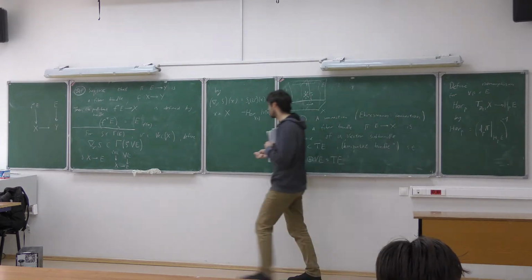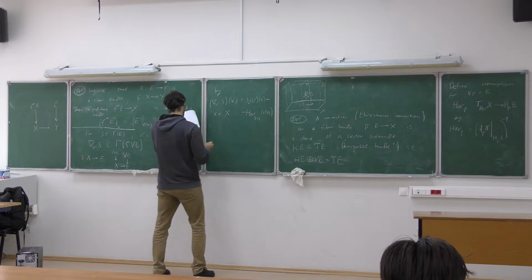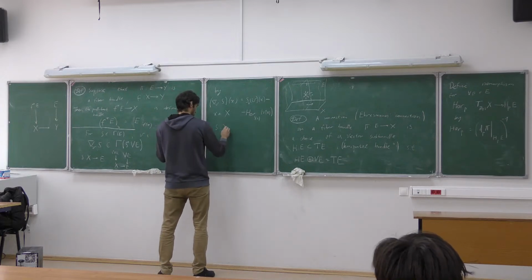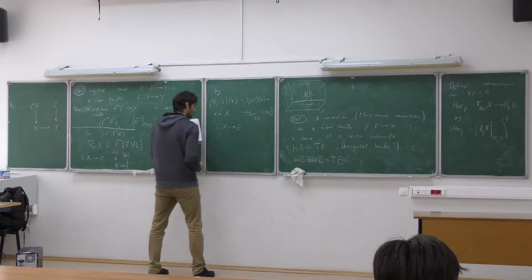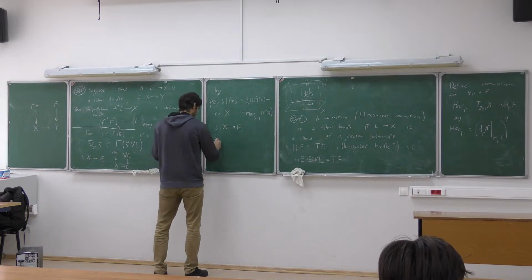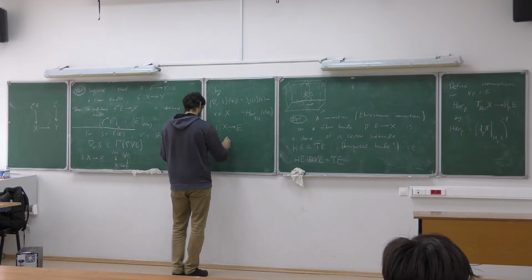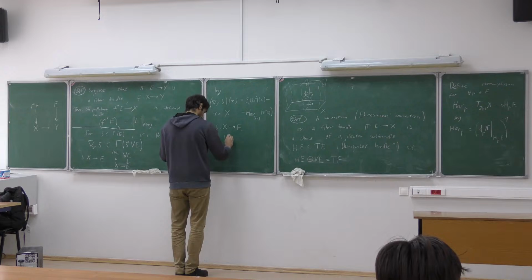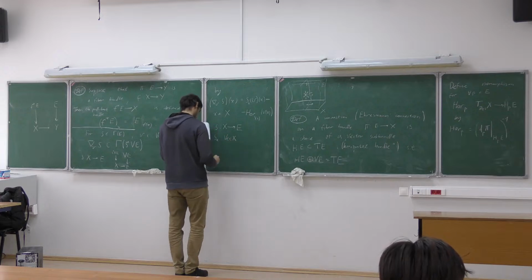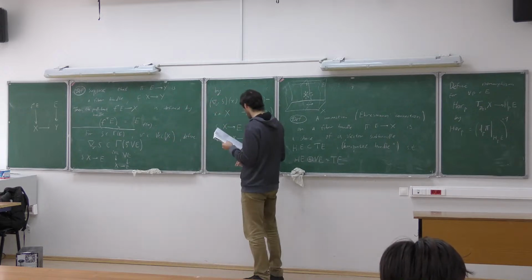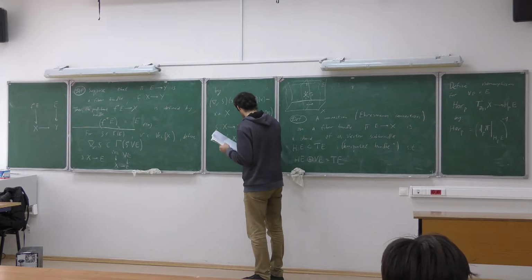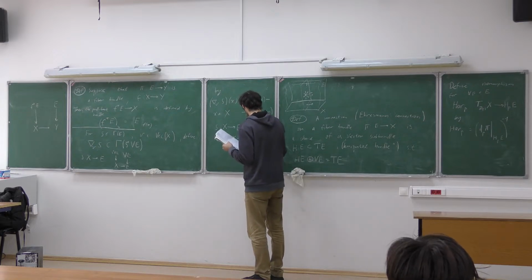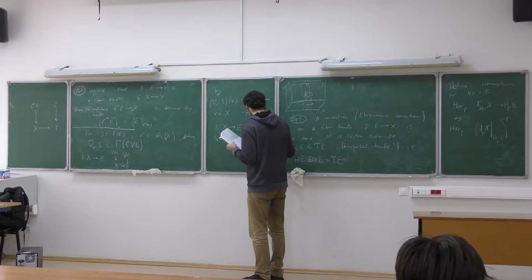What is S star? If S again is a map from X to E, then S star is a map from vec X, well, it should be a map to Gamma of S star of TE.